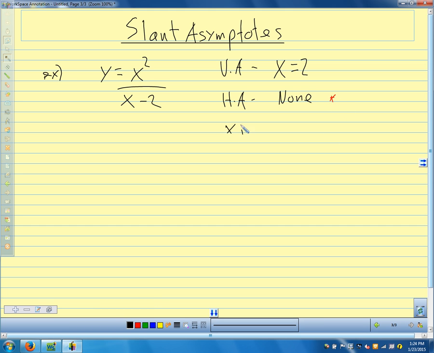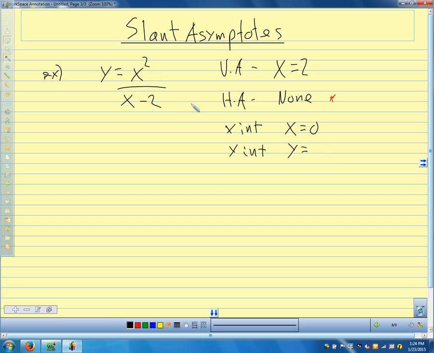X-intercept. X-intercept when the numerator is 0. And y-intercept when we plug in x equals 0. What do we get when we plug in x equals 0? 0.